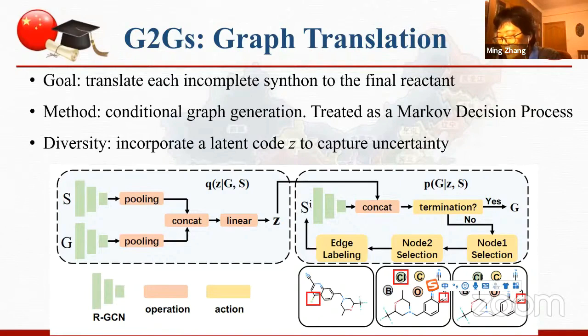It's treated as a Markov decision process. And also we consider the diversity. We incorporate a latent code Z to capture uncertainty.